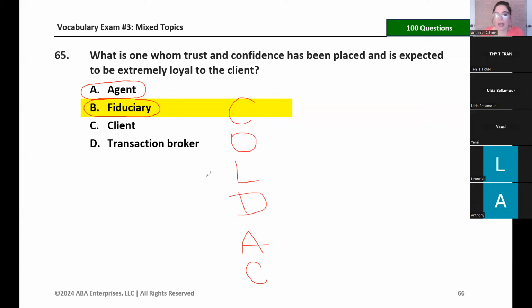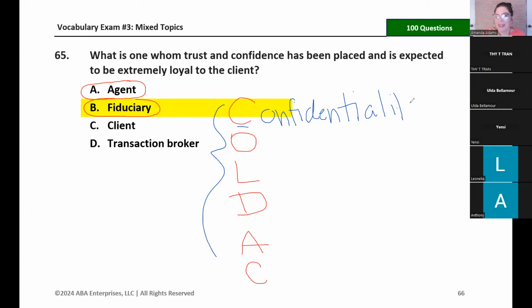Okay, so guys, our fiduciary responsibilities are known as COLD AC. What does COLD AC stand for? So what is C? What's our first C? Confidentiality. Yeah, we got to know how to keep our mouths closed, right?